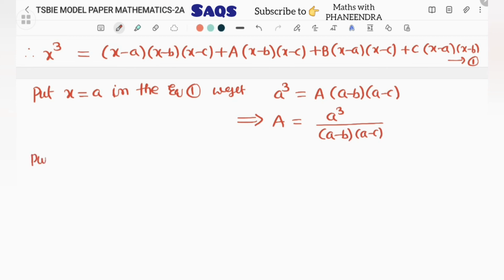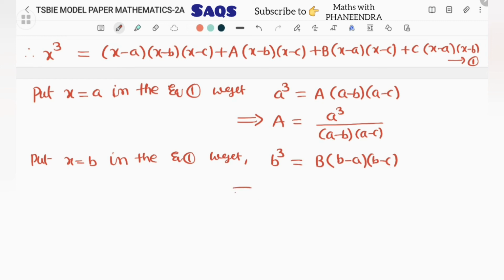Similarly, put x equal to b in equation 1, we get b cube equal to, in the first term, second term and last term, substituting, it becomes capital B into (b minus a)(b minus c). So capital B is equal to b cube divided by (b minus a)(b minus c).